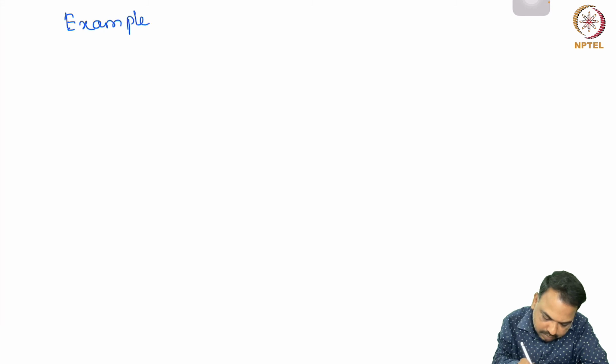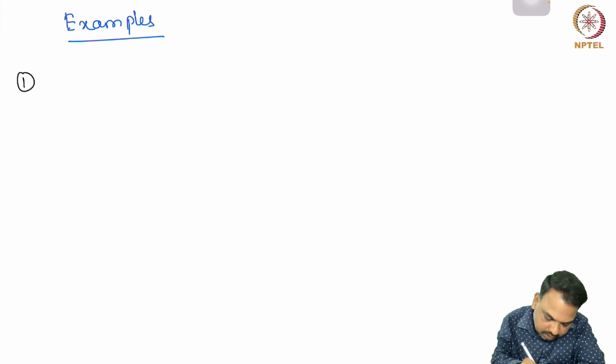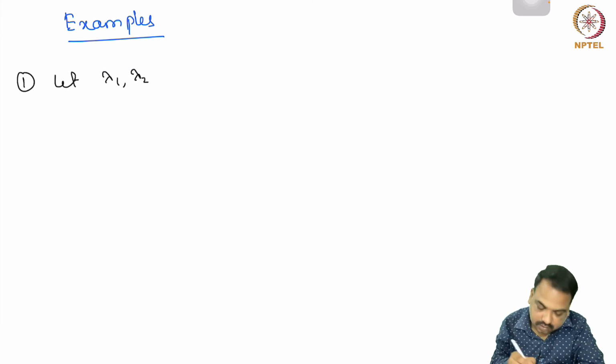Let us look at a few simple examples. Let lambda 1, lambda 2 be two positive real numbers.